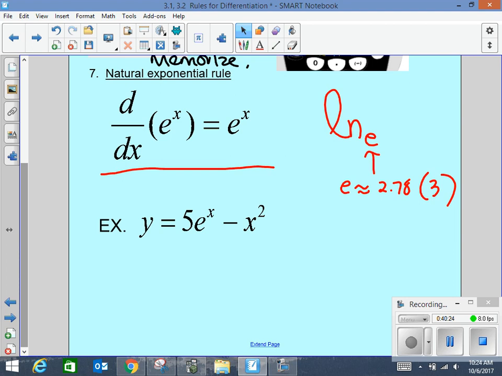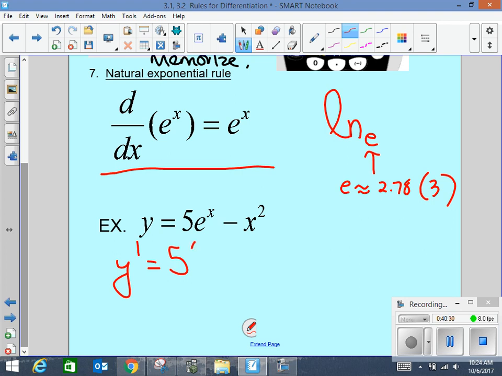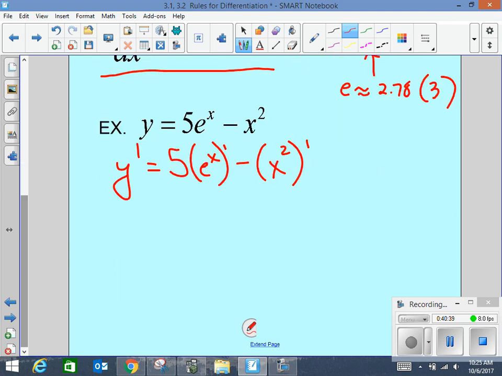Let's find y prime. Y prime is the derivative. I'm going to hold on to my 5, because I'm going to use the multiple rule. I'm going to take e to the x, and take the derivative of it, and then I'm going to take the derivative of x squared, and I'm going to subtract 2.